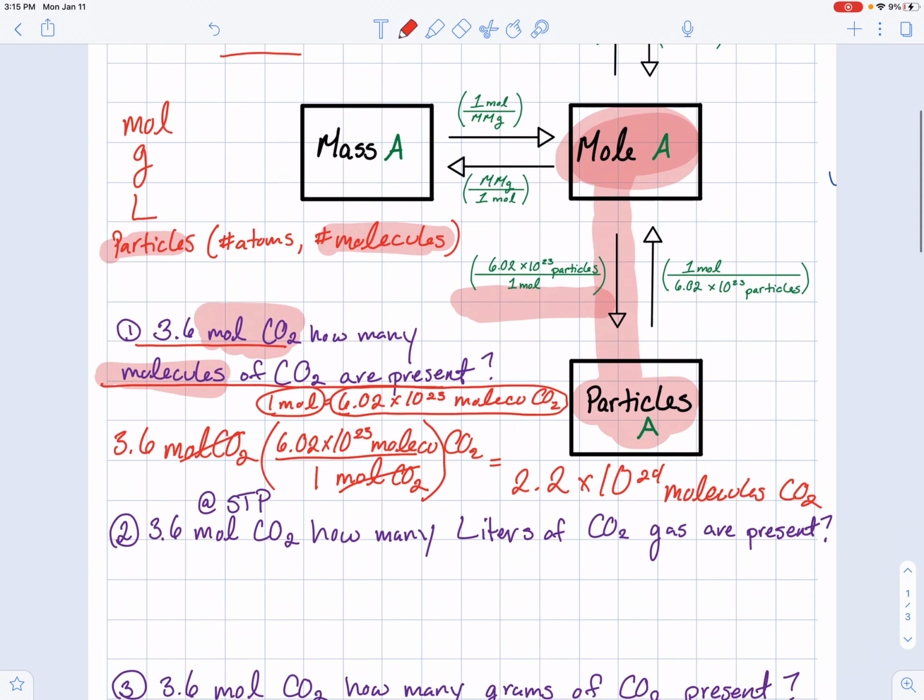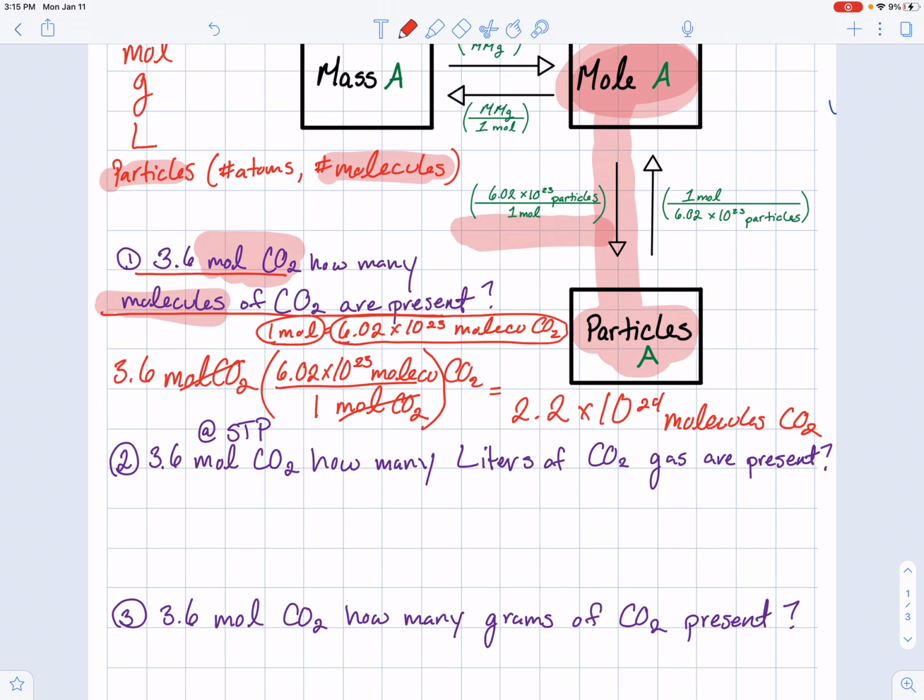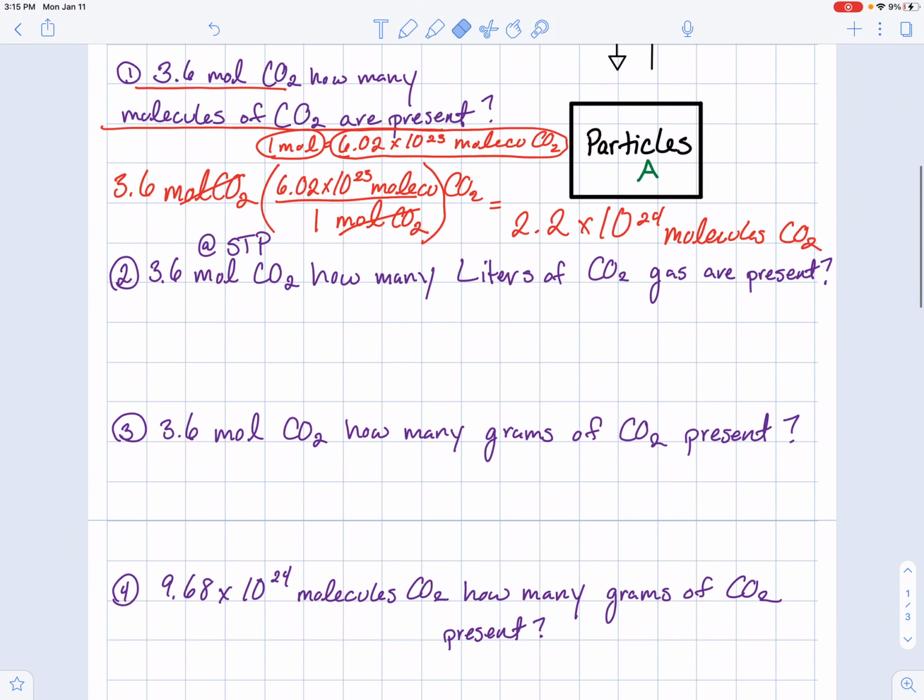All right, so let's try our next problem. So we're going to do a slightly different conversion factor using a different definition of the mole. So in this one, we are at 3.6 moles of CO2 again. We're at STP, and it's asking how many liters of CO2 gas are present.